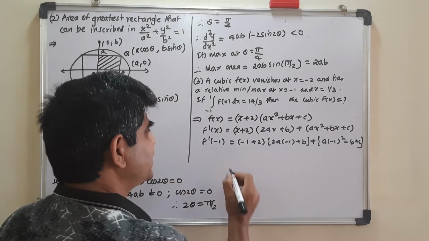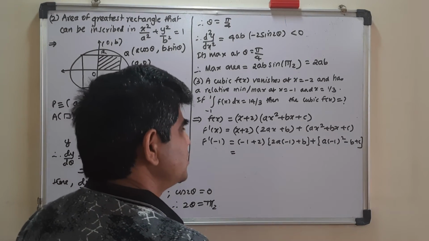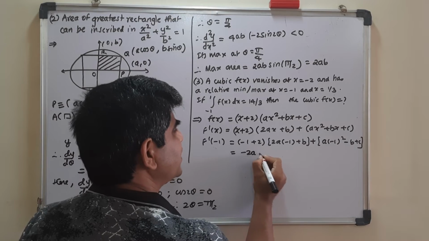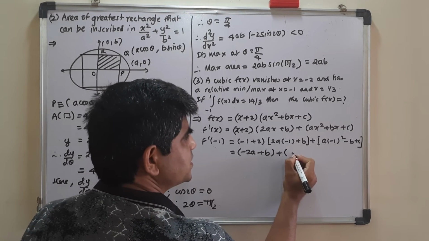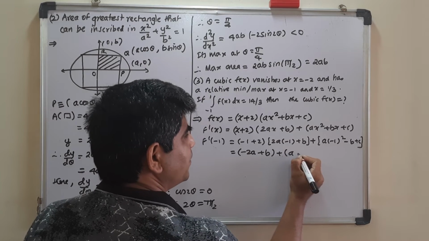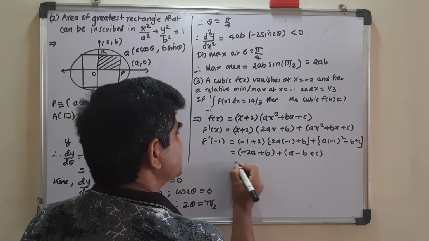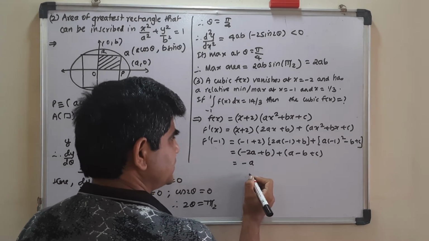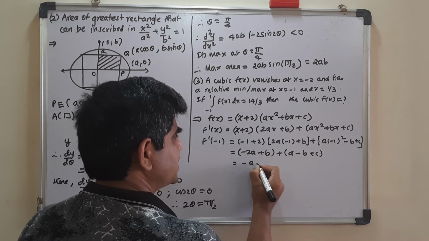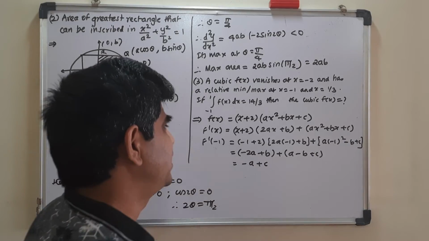So what I get here is, this is your 1, this is your minus 2a plus b, plus this is your a minus b plus c, which is nothing but minus a plus c, because b will cancel itself.